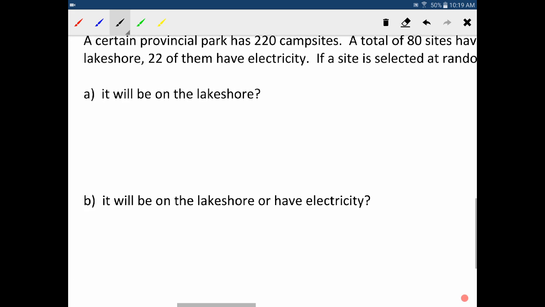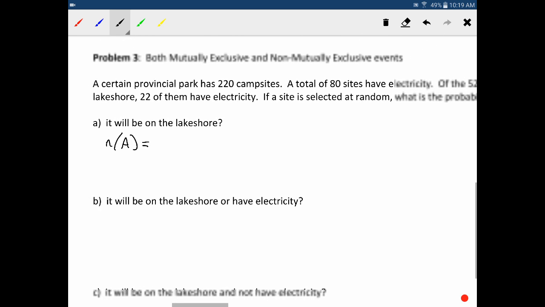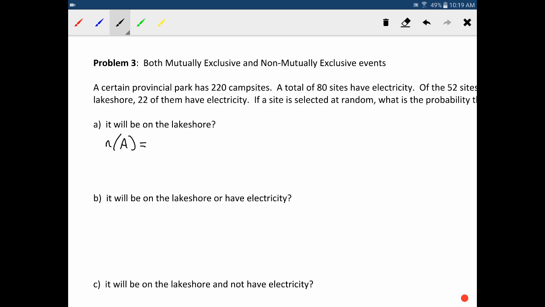So, to begin with, some of these are just simple ones. We're just going to say, what is the number of ways we can succeed? So how many sites are just on the lake shore? That's the only criteria there, and it says right there that it's 52.